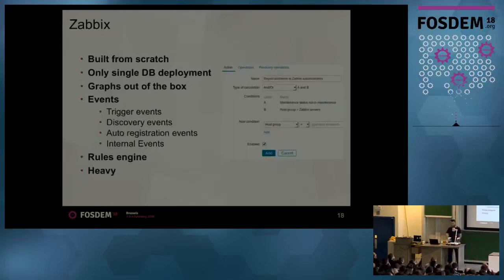The next one is Zabbix. What's different from our perspective is that it has many more events and it has a rule engine. In Nagios and Icinga, you just say that if the state of this check changes from OK to soft critical or to soft warning, then execute the script.